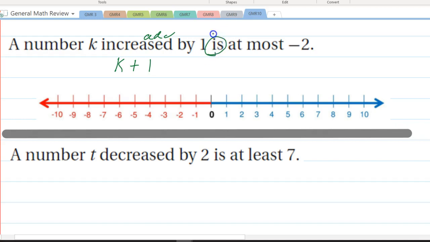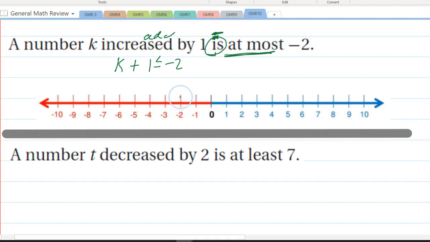Normally there is an equal sign, but this says at most. That means that it cannot be bigger than negative 2. It can be negative 2 because I have an equal sign. So k plus 1 has to be less than or equal to negative 2.